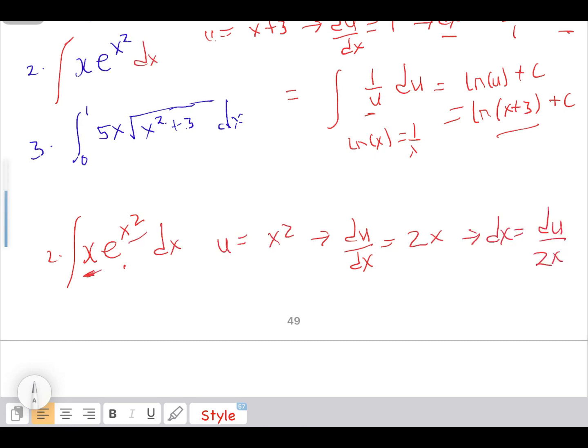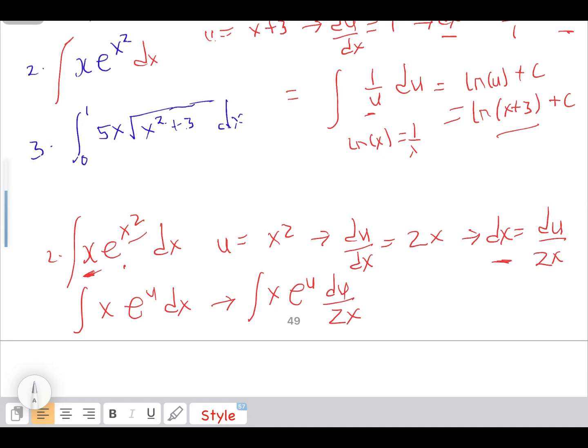The next thing is to do substitution, but remember that after letting u equal x squared, your function changes to become x exponent u dx. So when you do the substitution over here, we are going to get the integral of x exponent u du over 2x.